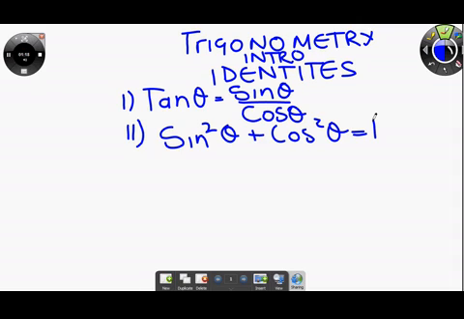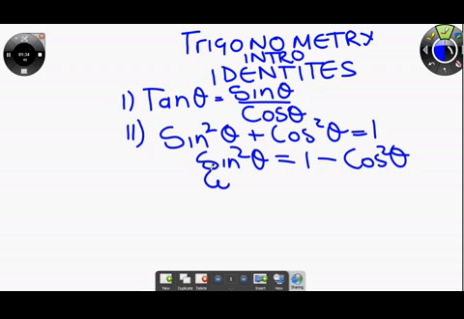From this identity, you can also exchange sine for cos: sine squared theta is 1 minus cos squared theta, just as cos squared theta is 1 minus sine squared theta.